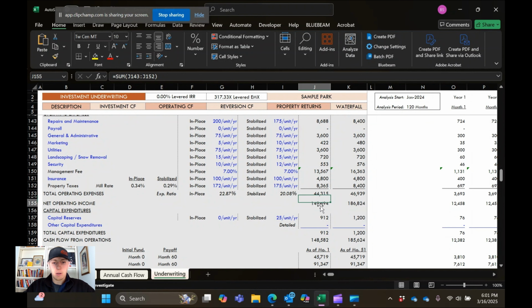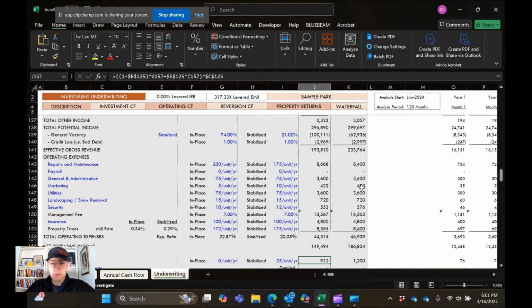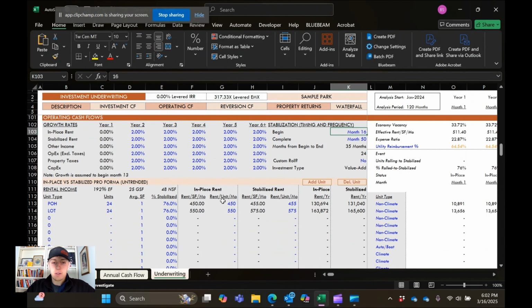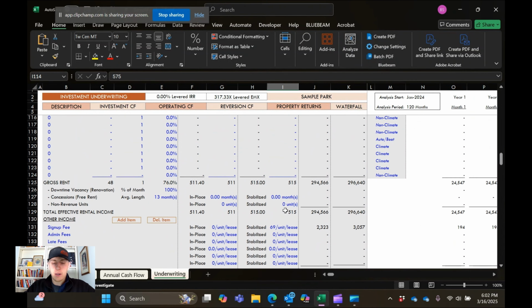So our net operating income is 149. And we do factor in some capital reserves as well, which is 0 first year. But then this, because it's 912, it's rolling in month 16. So month 16 is when these numbers start to roll and increase occupancy and all of that.